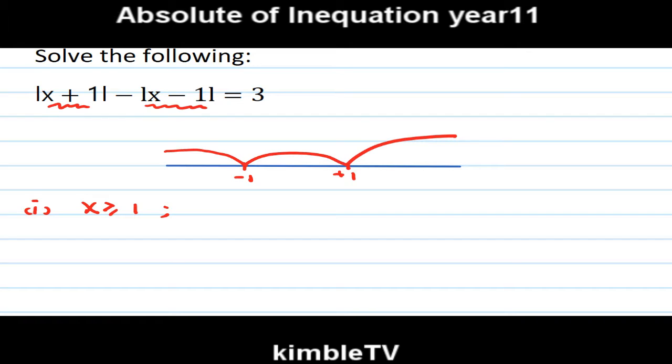So you can remove the absolute value: x plus 1 minus bracket x minus 1 equals 3, and x cancels, and 2 equals 3. Is it correct? The both sides are different, so this one is said to be undefined.